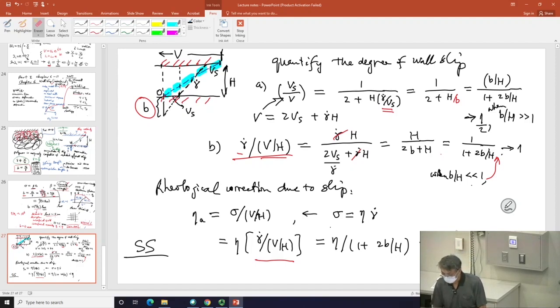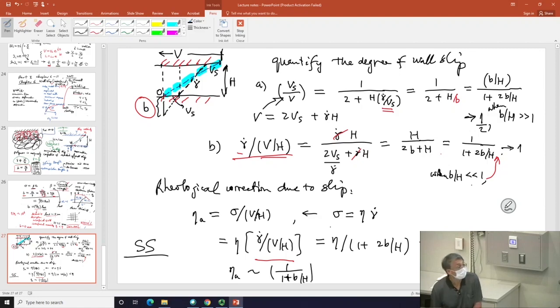The confusion would be, oh, the measurement, which is always this apparent one, seems like will scale as 1 over B over H. In other words, your measurement seems to become a function of H. We'll come back to that, whether this is correct or not. Any questions?